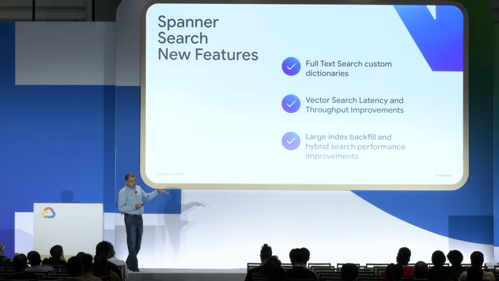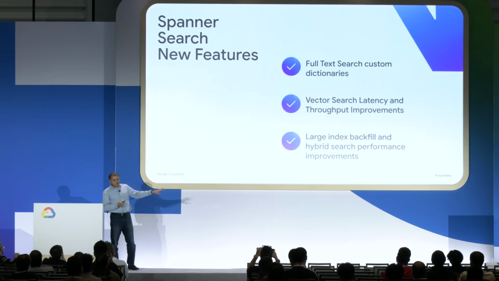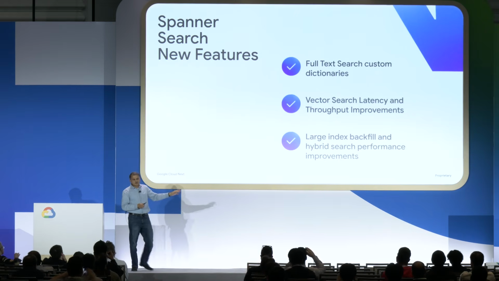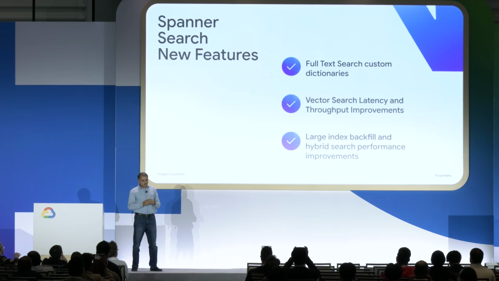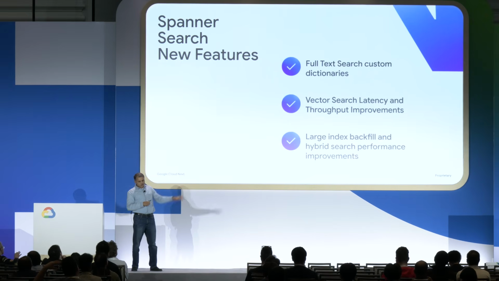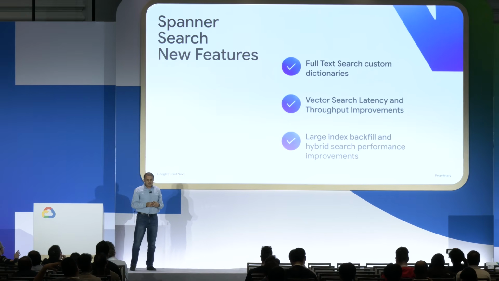So here are some new search features we are launching or announcing today. So Spanner, both full text and vector search have been in production GA for over a year. And so these mark major new milestones in both the products. So for full text search, we are announcing GA of custom dictionaries. This was a very heavily requested feature.